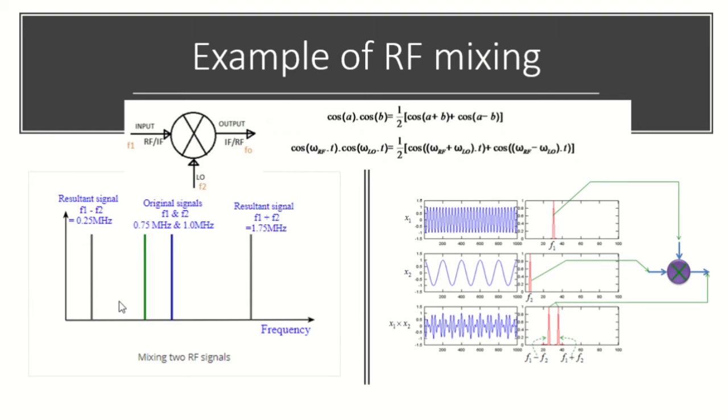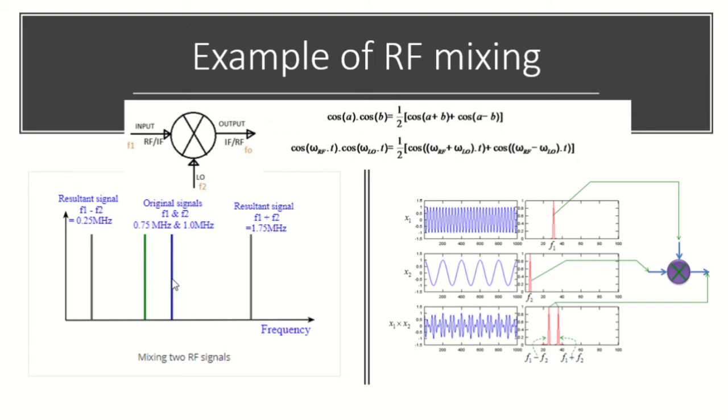So if you look at this figure here, ni contoh lah. So original signalnya adalah F1 adalah 0.7 MHz dan F2 adalah 1 MHz. So F1 adalah RF dan F2 adalah LO. So ini adalah original signal.